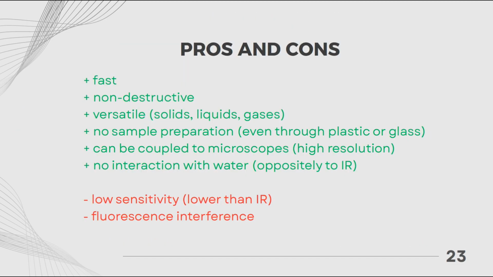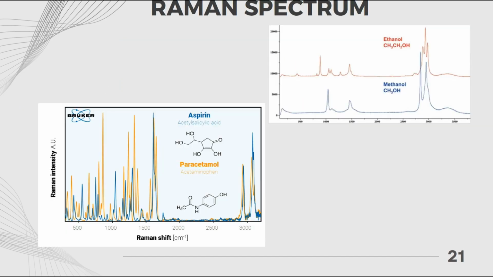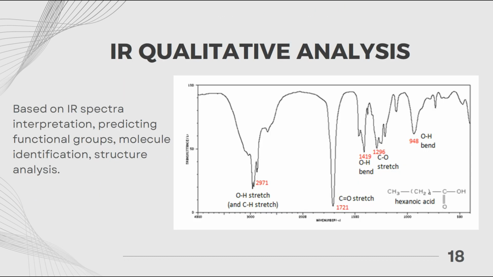Once again, our favorite slide with pros and cons. Absolutely the same as infrared, it is a fast and non-destructive method, and the same as infrared spectrometry, it is versatile, so you again may work with solids, liquids and gases. But oppositely to infrared, it has no interaction with water, because I forgot to tell you that infrared spectrometry can be sensitive to water, because it contains this OH group, and the OH group can be seen really nicely in the infrared spectrum.